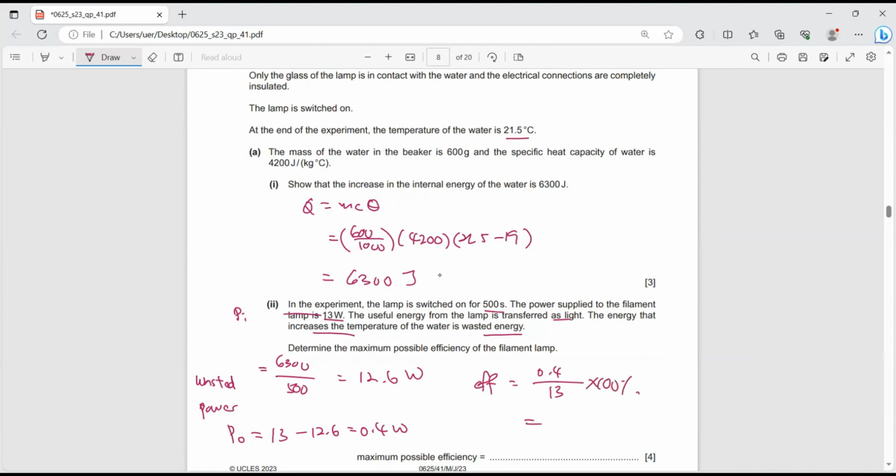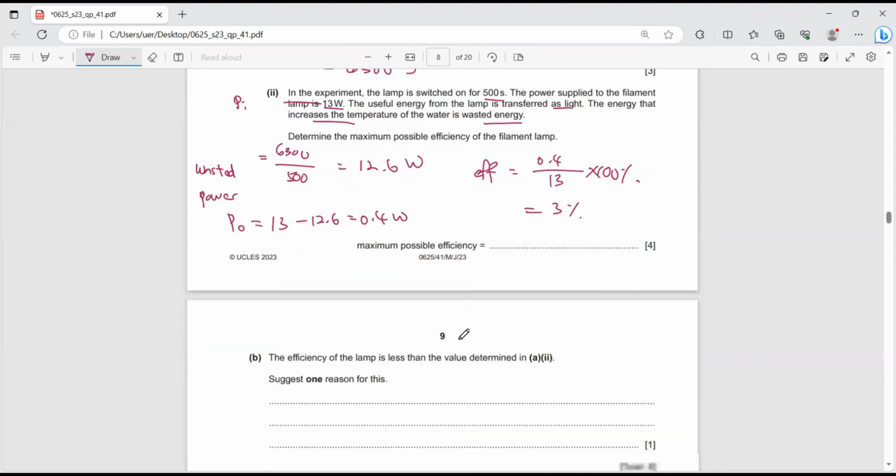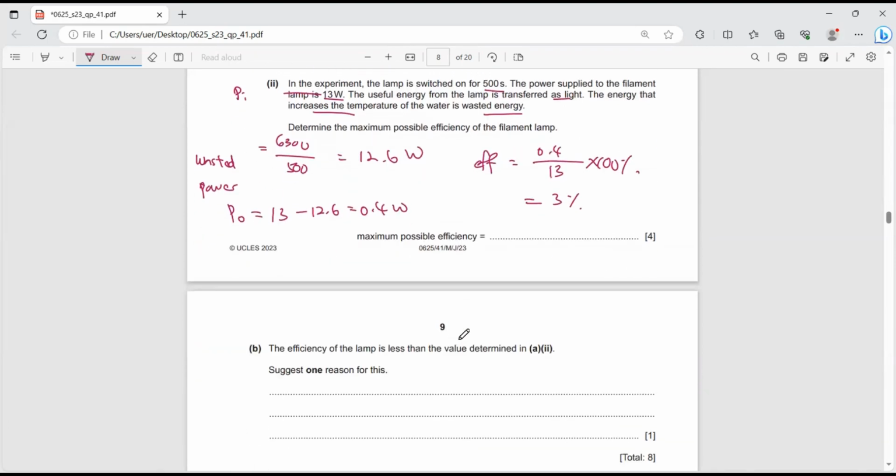About 3%. I want 0.4 divided by 13 times 100, I get 3%. Yeah, 3%.